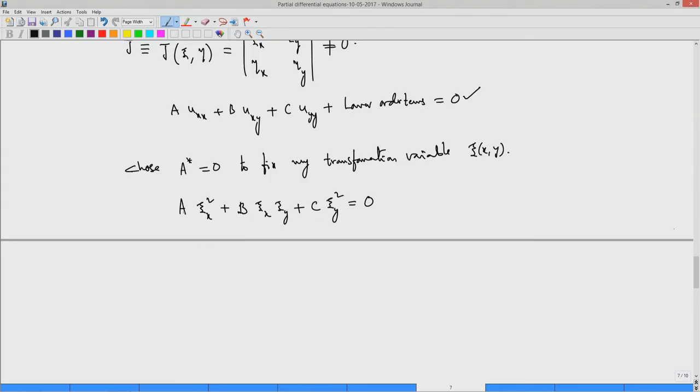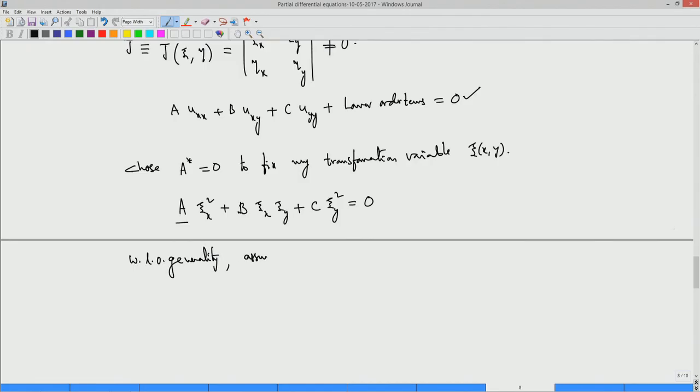Without loss of generality, I assume that a is non-zero.